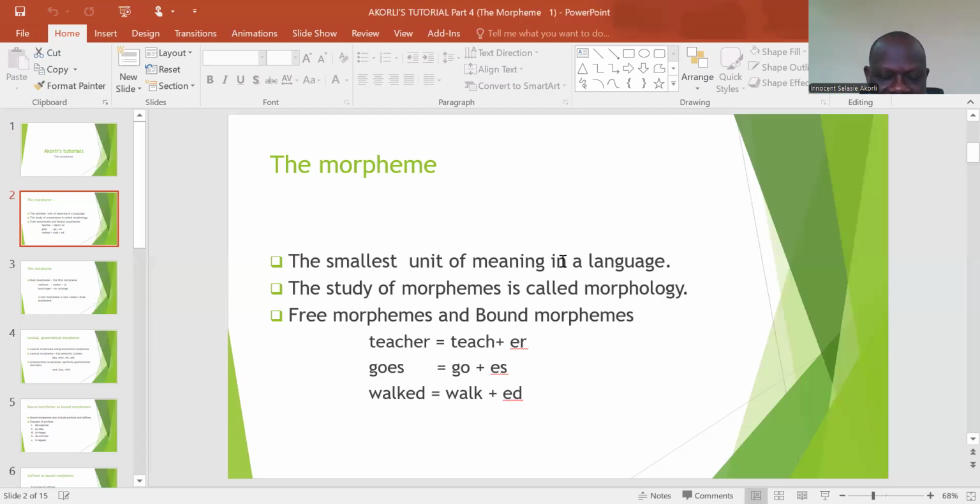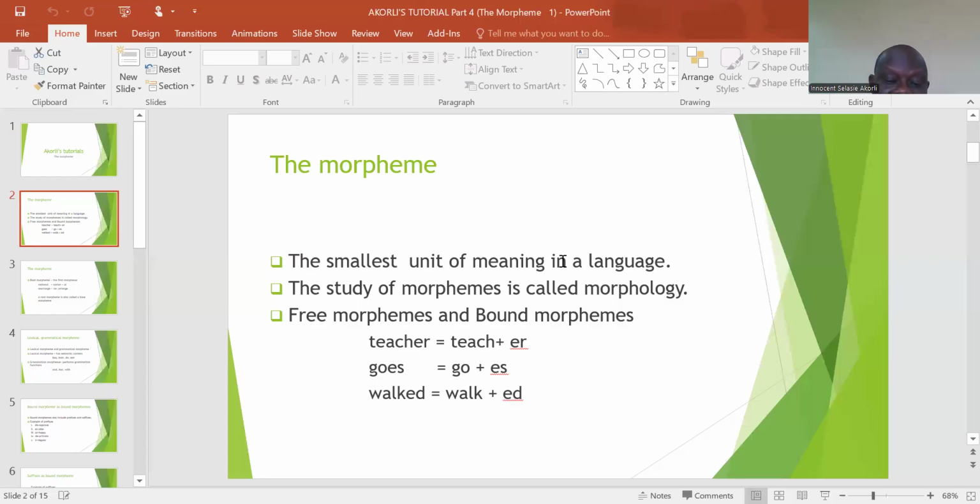For example, here we have teach plus ER, which is teacher. So we can break teacher down to teach plus ER, where teach will be the smallest morpheme. In other words, you cannot break down the word teach. It's a single morpheme. As far as imparting knowledge is concerned, the word teach cannot be broken down further.